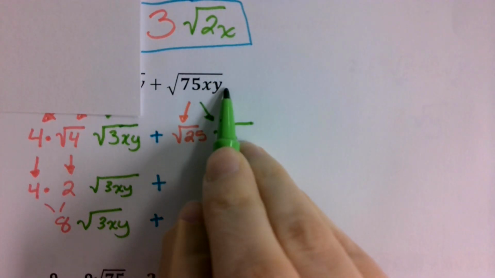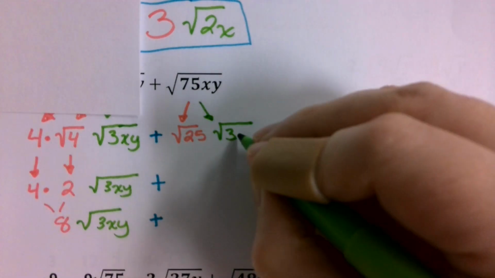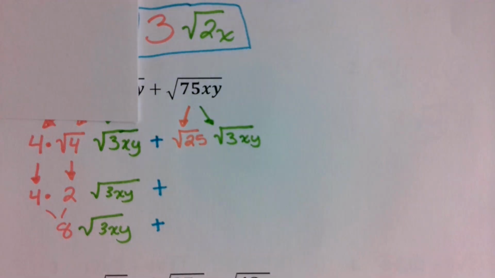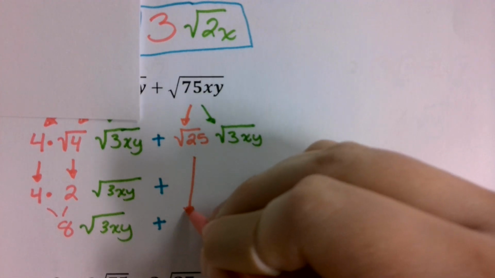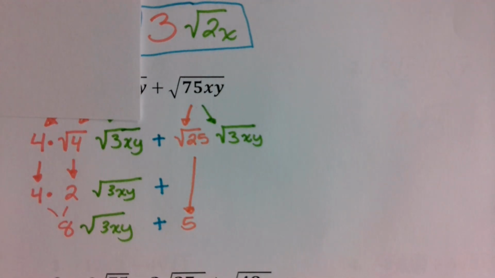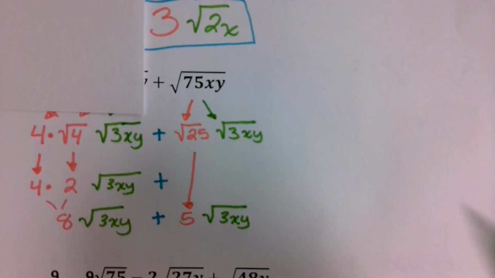Those x and y, since they are not perfect and can't be simplified any further, are just going to stay under the house. So it's square root of 3xy. Square root of 25 we can break down into just a 5. So we have 5 square root of 3xy.